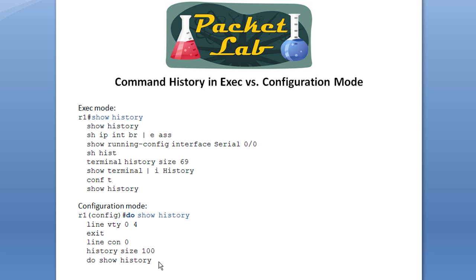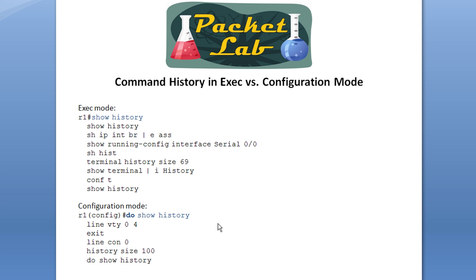What's nice about this is if you're configuring multiple routers or doing something you're going to have to repeat over and over again, go ahead and do your configuration. If it's less than 10 lines, you're going to be fine. Otherwise, set your history buffer size to however many commands you think you're going to need. Then do your configuration, and when you're done, just issue the do show history command, and you can cut and paste these lines. You can grab them and paste them into another router, or into a text file, whatever.